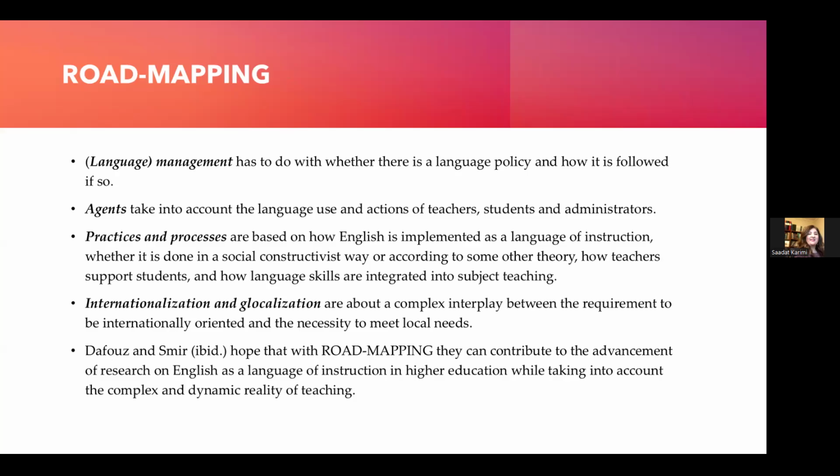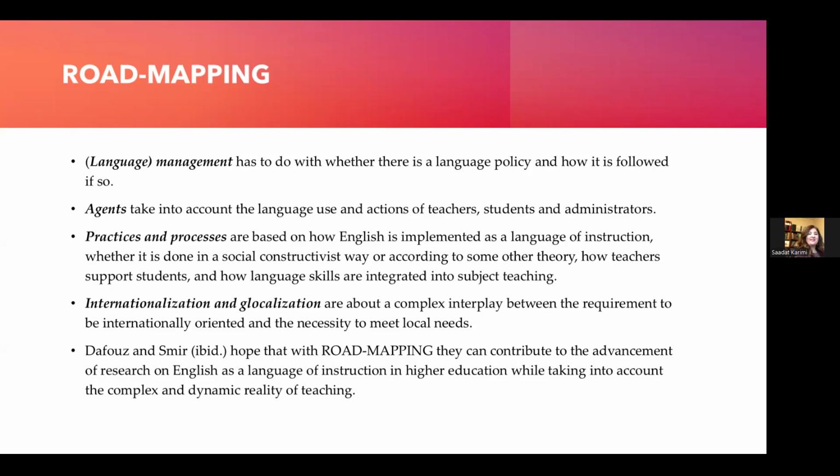The component practice and processes are based on how English is implemented as a language of instruction, whether it's done in a social constructivist way or according to some other theory, how teachers support students, and how language skills are integrated into subject teaching.